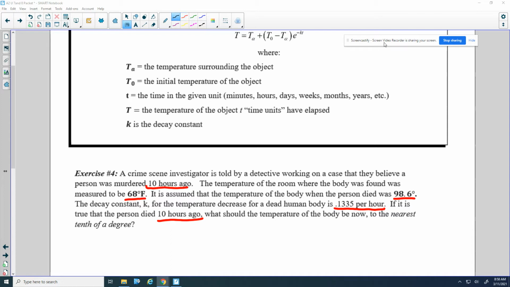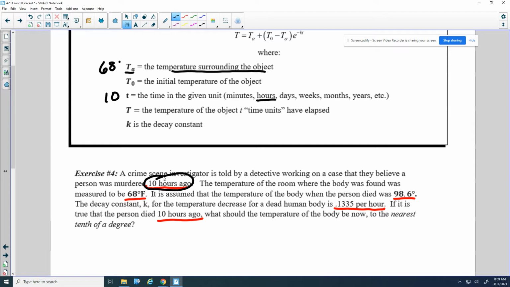So t is the time in the given unit. That's the first thing I come to here. So this is 10, and right now we're measuring in hours. The temperature of the room where the body was found was 68 degrees Fahrenheit. So that's the temperature surrounding the object. So this is 68. Now this is T sub alpha is what we would say. Alpha stands for the ambient temperature, or the temperature of the surroundings.